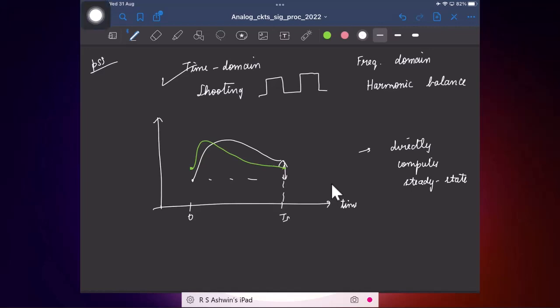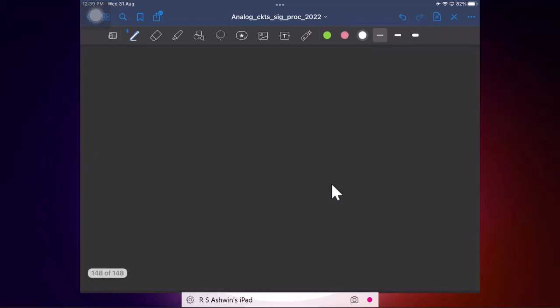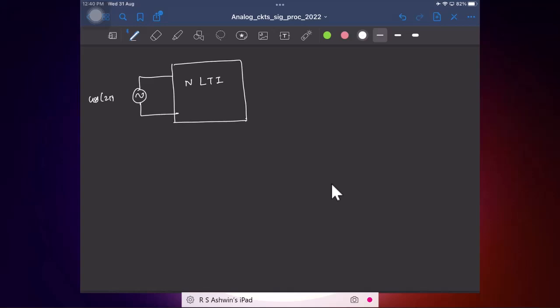And because of this, this PSS analysis, you could use it for some other applications also, or some other scenarios. And one such scenario is the following. Let us say you have a nonlinear time-invariant circuit, and let's say I have a small signal cos of 2 pi f0 t.